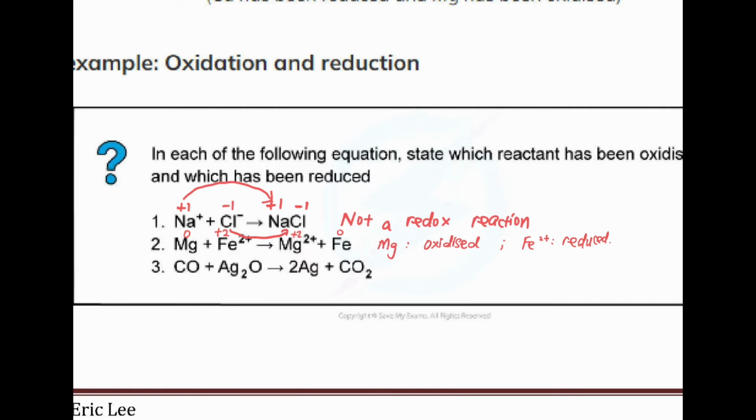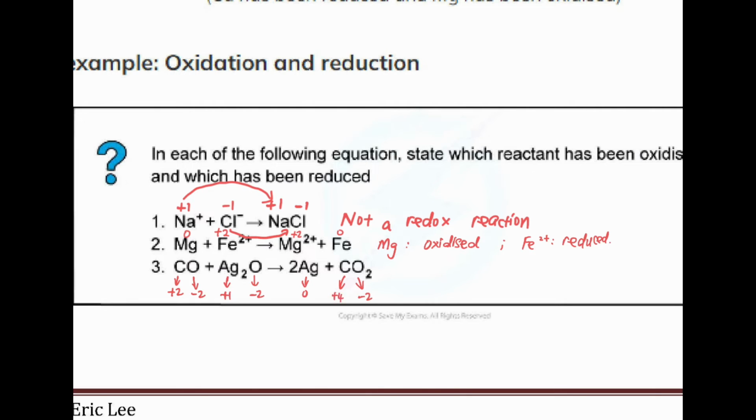Now, number 3, carbon monoxide. You have to check the oxidation number one by one. This is positive 2, negative 2. This one, I'll check the back first, minus 2. And this is positive 1 times 2. This is 0. This is, check the back first, minus 2 times 2, negative 4.